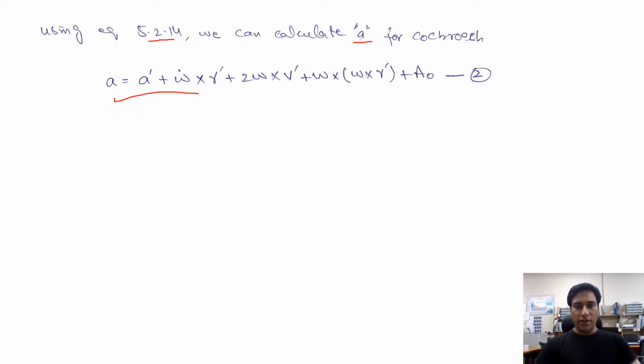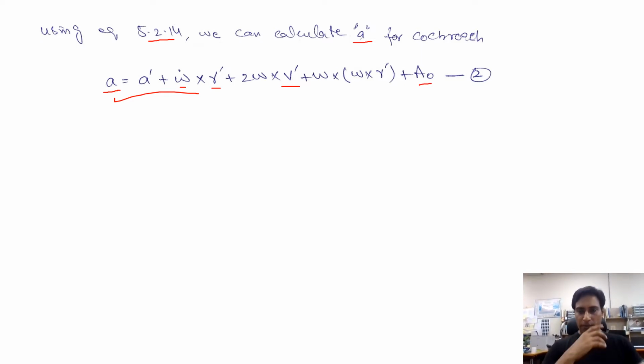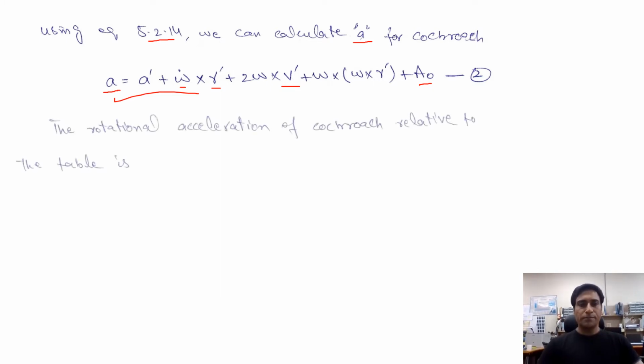But before calculating this a, there are several terms that we need to find, like r dash and a naught. In the coming part, we have to find these terms.